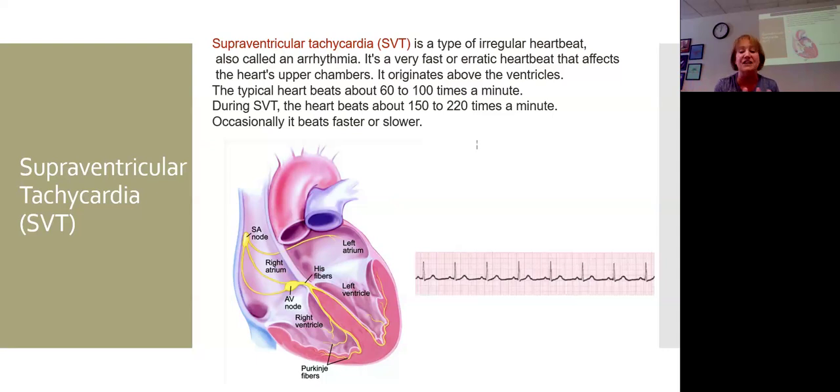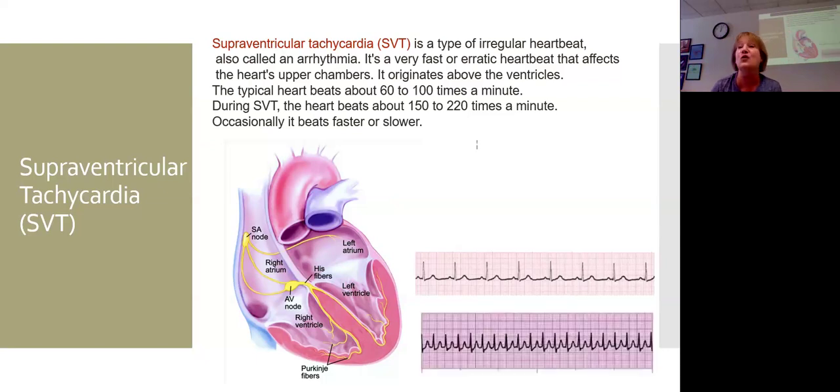So there's an EKG strip, probably 75 beats per minute on that strip. During SVT, the heart beats about 150 to 220 times a minute. Occasionally it can be faster or slower, but it's quick.